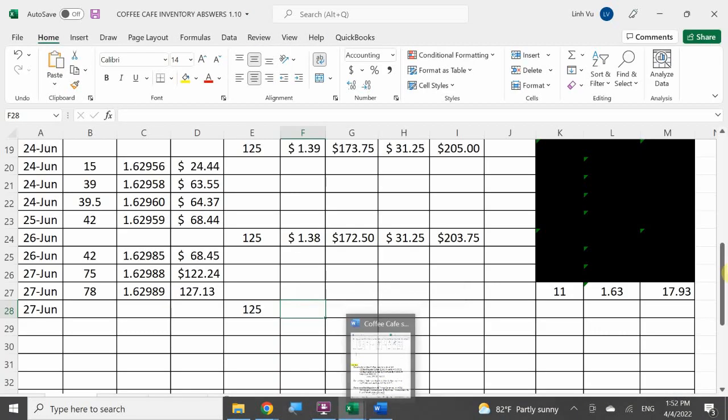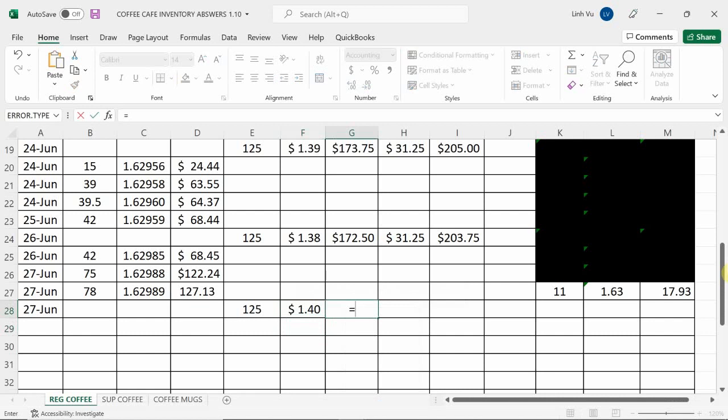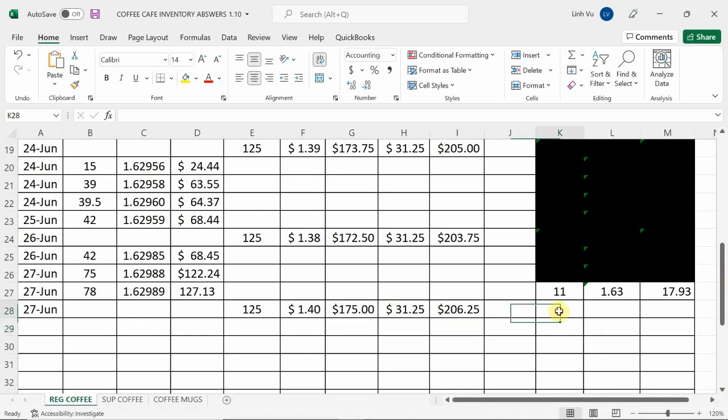At $1.40. That gave us 175 plus 31.25 gives us a total cost of 206.25. Okay. So let's add that to our inventory.